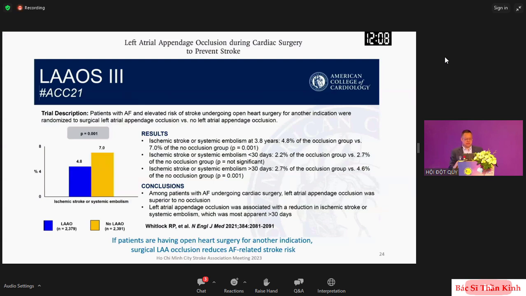In this study, the patients who had the left atrial appendage secured did better than the patients who had it left alone. So quite often in the hospitals that I work at, if the patients are having heart surgery for some other indication, for example bypass grafting, the cardiac surgeon very commonly will occlude the left atrial appendage, predominantly in patients with atrial fibrillation.